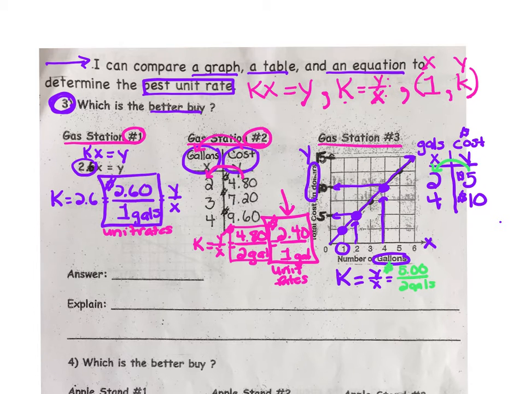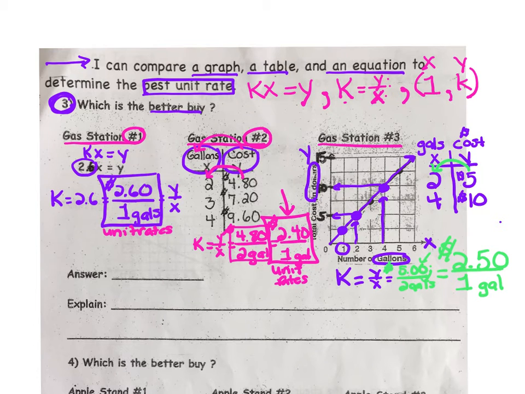Now that's not a unit rate. Remember, for our unit rate, of course, we want it per 1 gallon of gas. Well, if you reduce, or you could punch this into a calculator and take $5 divided by 2, you get $2.50 per 1 gallon.